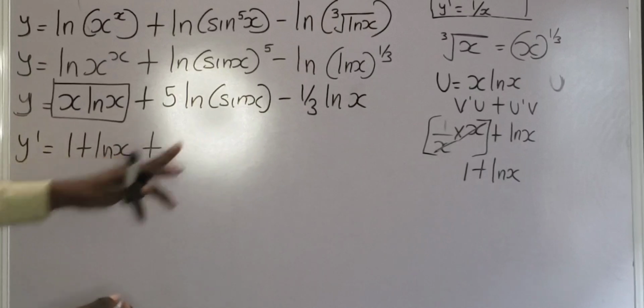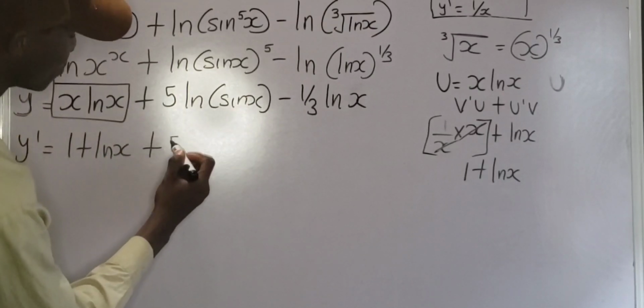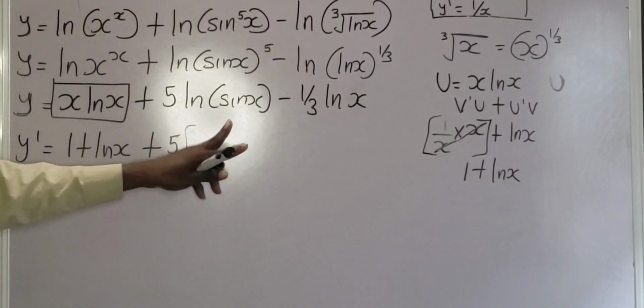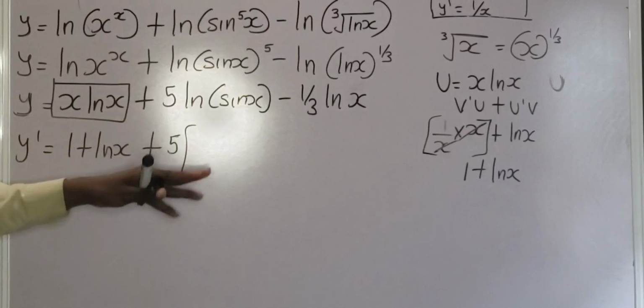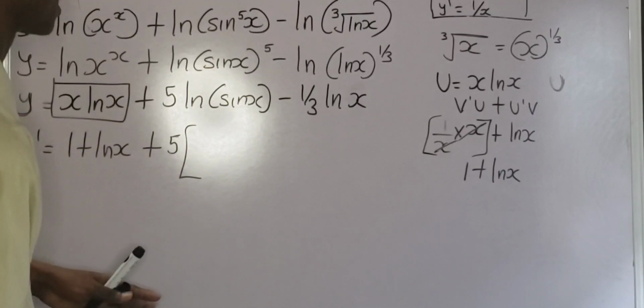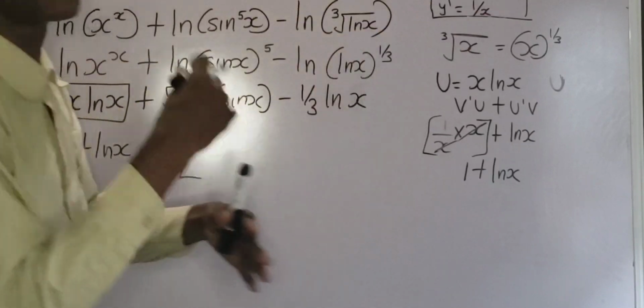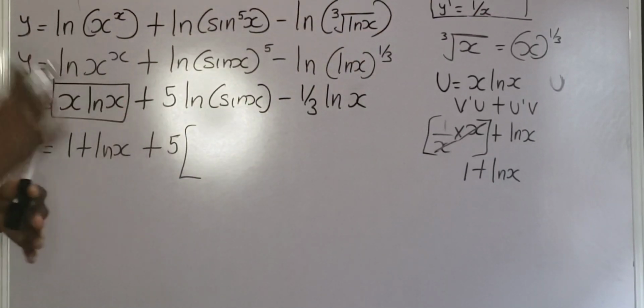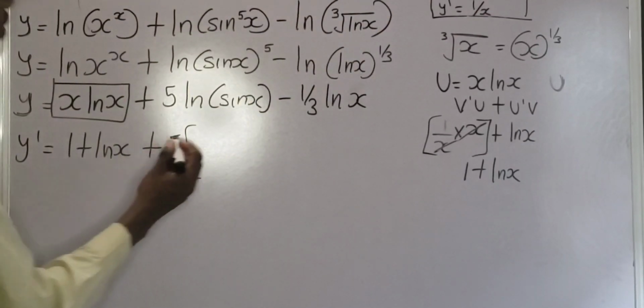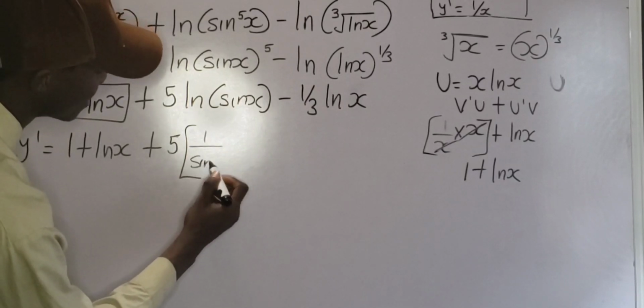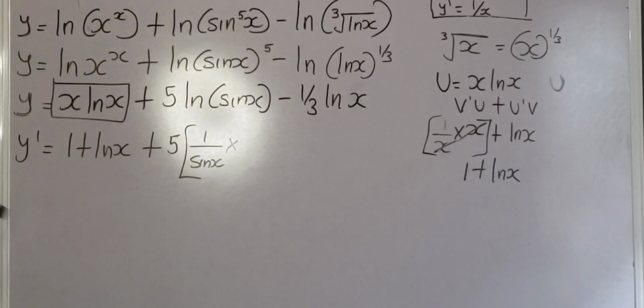Now, for the second part, that is 5 ln sine x. I'm going to have 5 multiplied by ln sine x. If you want to differentiate ln sine x, don't forget, in our previous class, to find the derivative of a function that looks like this, we take the inverse of the function at the front of the natural log. Okay? So for this, I'm going to have 1 over sine x multiplied by the derivative of sine x. So if you differentiate sine x using the first principle, you are going to get cos x, okay?